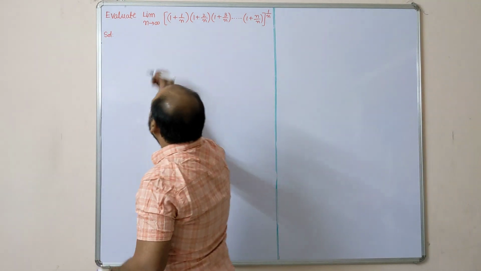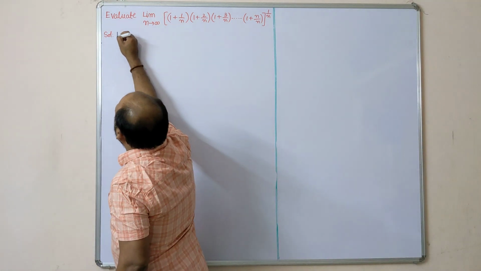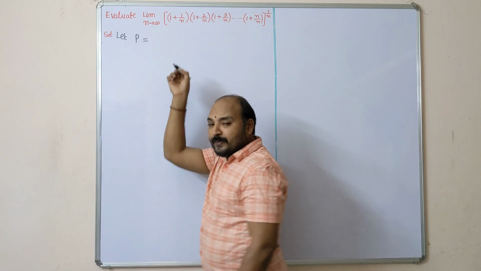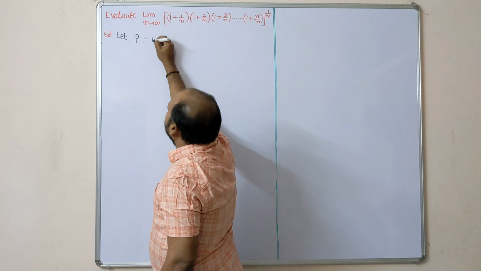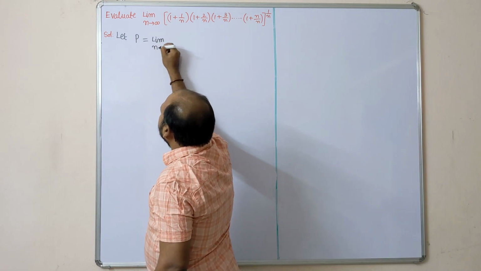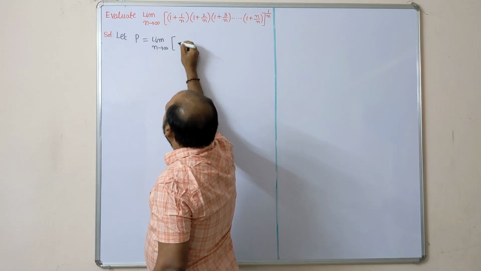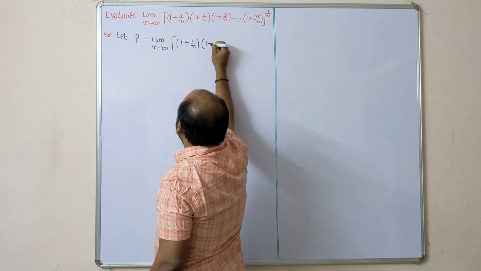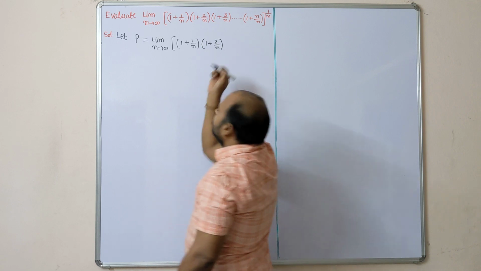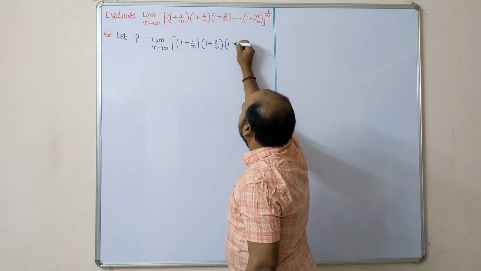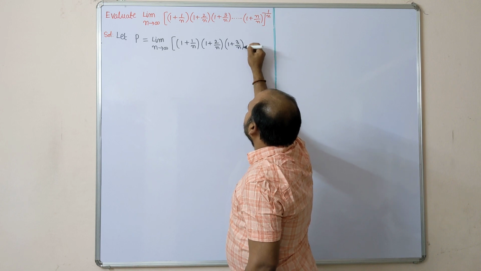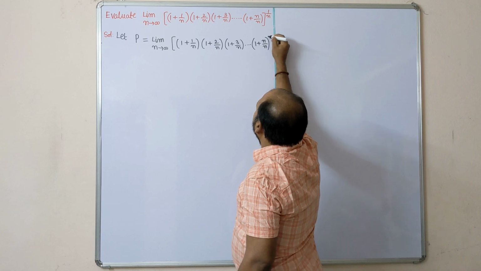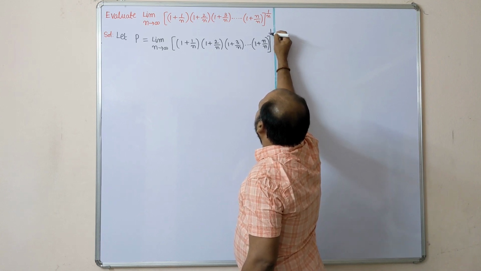So first, let P equal to this limit: limit n tends to infinity of (1 plus 1 by n)(1 plus 2 by n)(1 plus 3 by n), and so on, (1 plus n by n), whole power 1 by n.